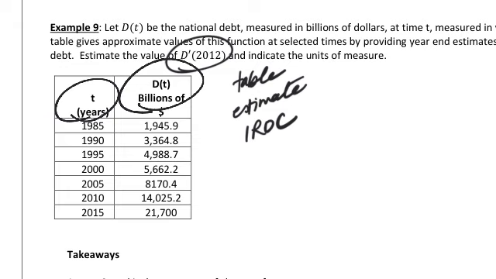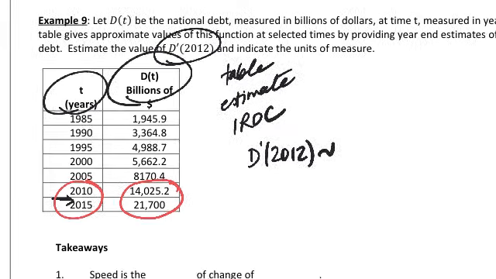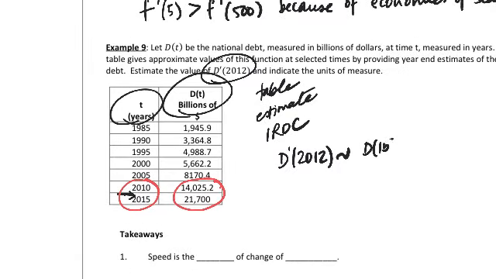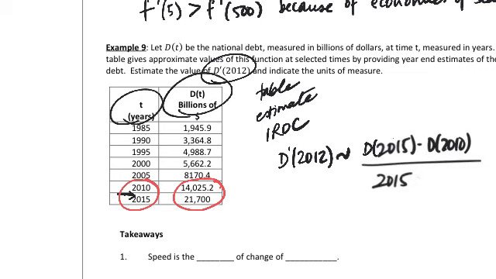From a table, you cannot get an exact tangent line. You can only get the slope of the nearest secant line. So you come in here and you figure out 2012 is between 2010 and 2015. So we are going to do a tangent line approximation right there to estimate D prime of 2012. It's approximately D of 2015 minus D of 2010, divided by 2015 minus 2010.